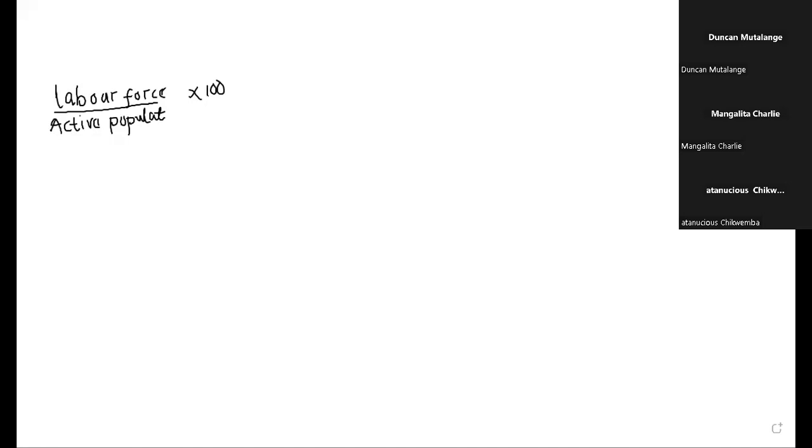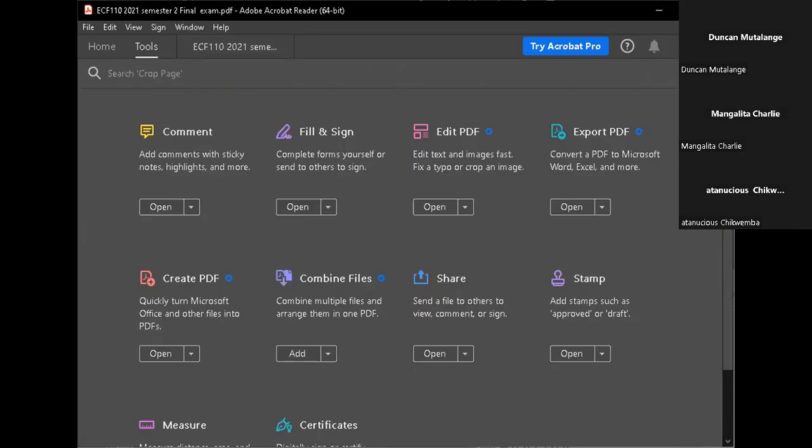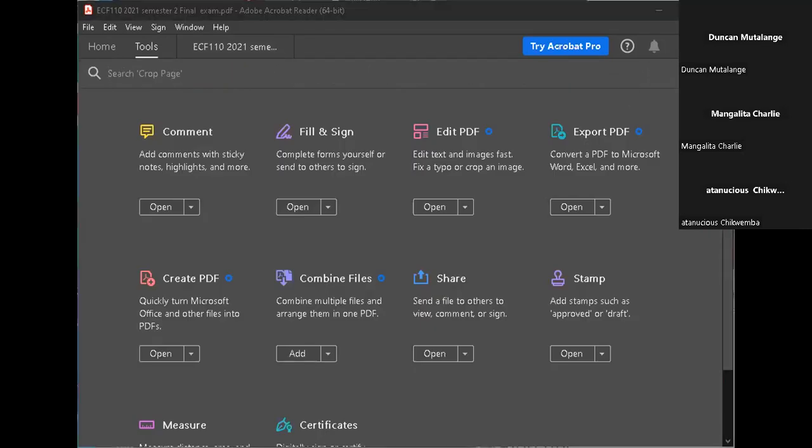So the labor force, you can just take a look at it. I think this should be the simplest question you can find. So the labor force is 3,465,526. Maybe instead of me going back and forth, you can just help me with a calculator.